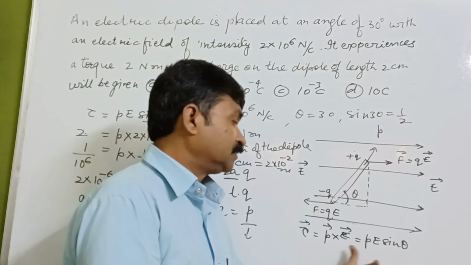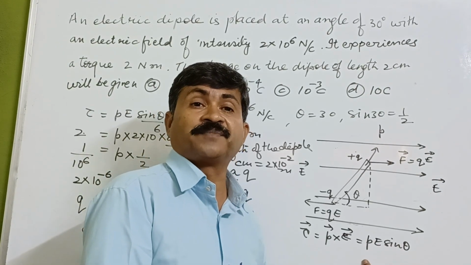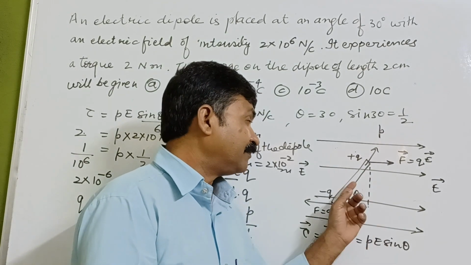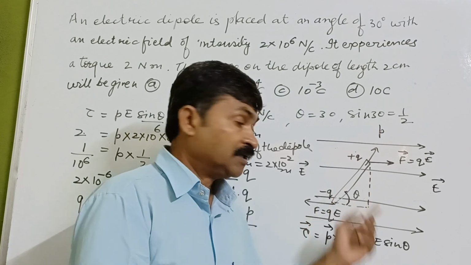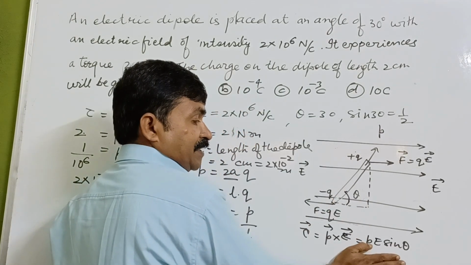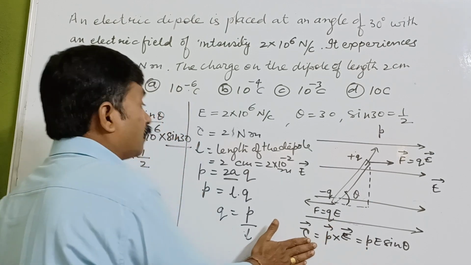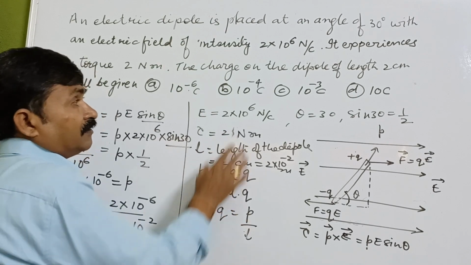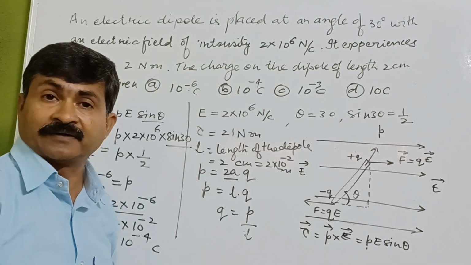Finally we have torque in terms of P E sin theta, where P is the dipole moment, E is the electric field and theta is the angle between the electric field and the dipole. So finally we have P E sin theta, which is equal to torque, and we can determine the desired value, the charge on the dipole which we have to calculate.